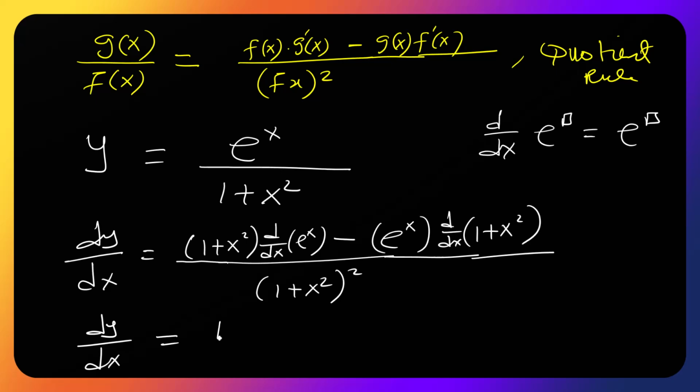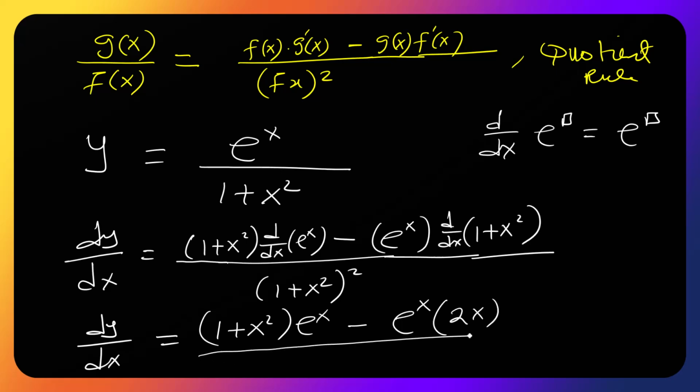So we have 1 plus x squared times e to the power x, minus e to the power x times the derivative of the bottom, which will be 2x, and the denominator remains the same, 1 plus x squared all squared.